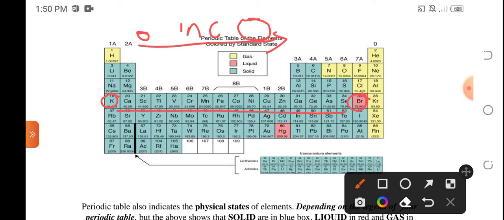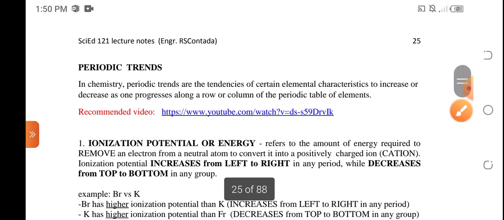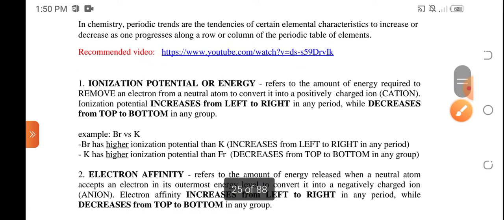Sabi natin from left to right it is increasing. Okay, so and we are after the higher ionization potential. So therefore, tama yung sinabi natin kanina that bromine has higher ionization potential than potassium because of the trend, increasing left to right. Okay?